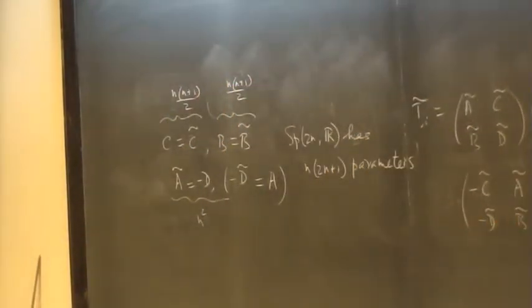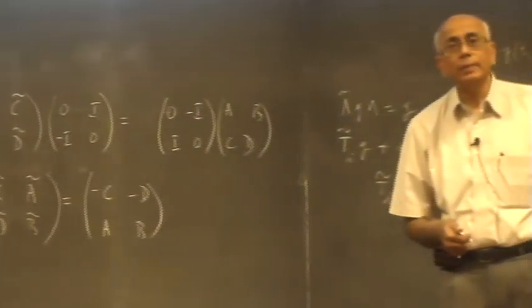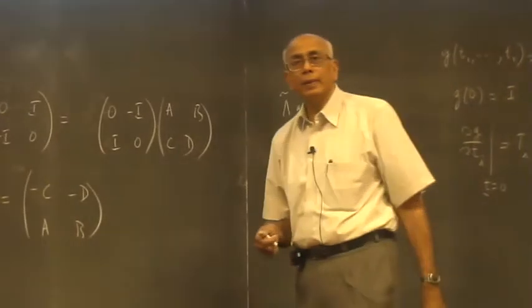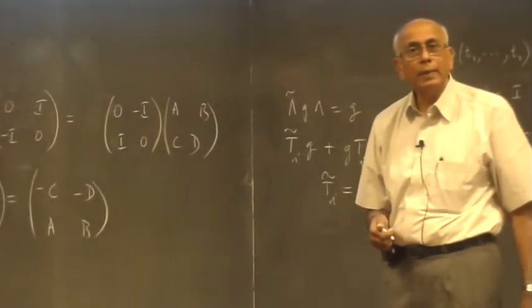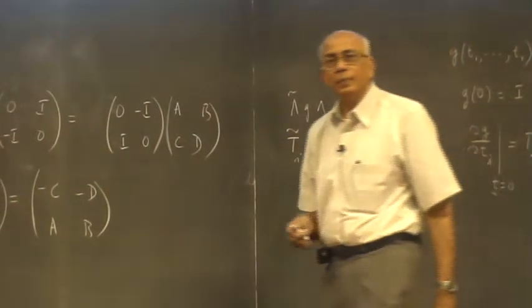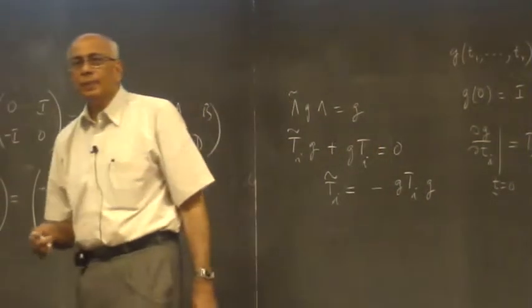This Ti matrix satisfies this Ti tilde omega plus omega Ti is 0. Right. So can we say that this Ti is a Hamiltonian matrix? What's a Hamiltonian matrix? In some course Hamiltonian matrix was defined to be the matrix that satisfies this.